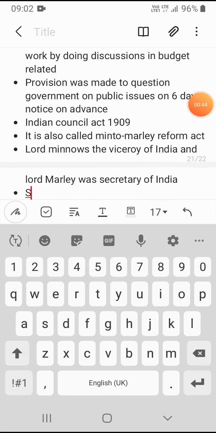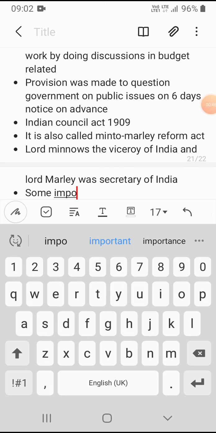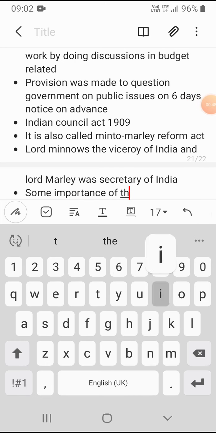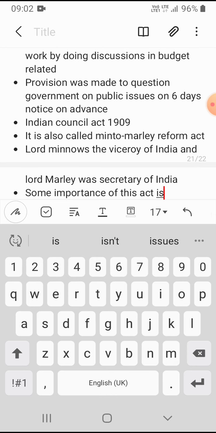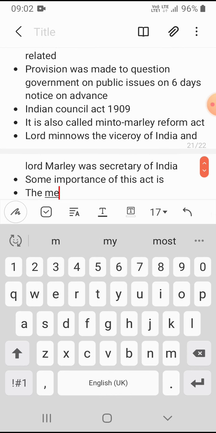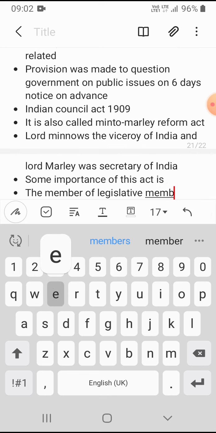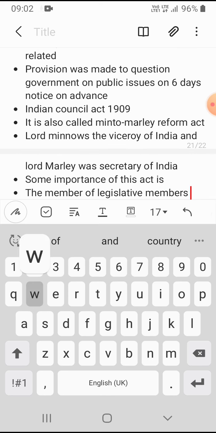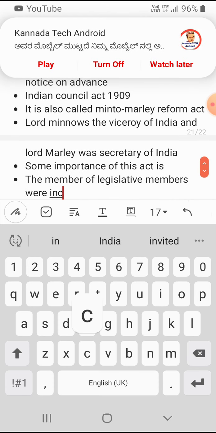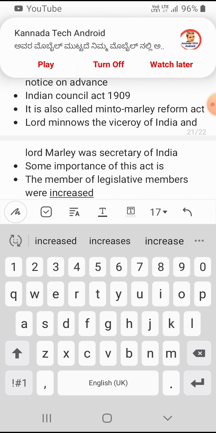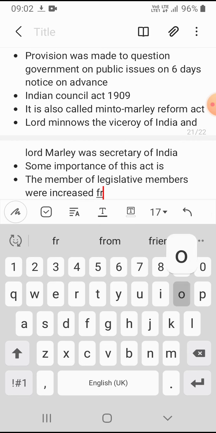Some important points of this act: the first is that the number of members of the legislative council was increased.